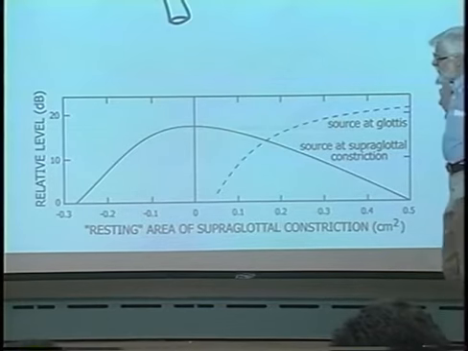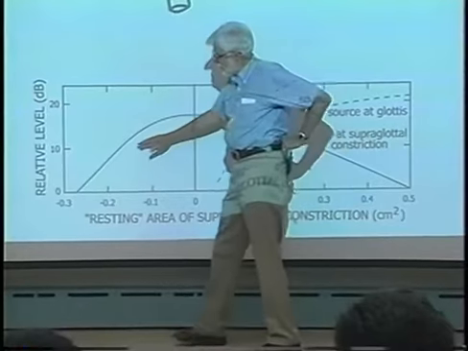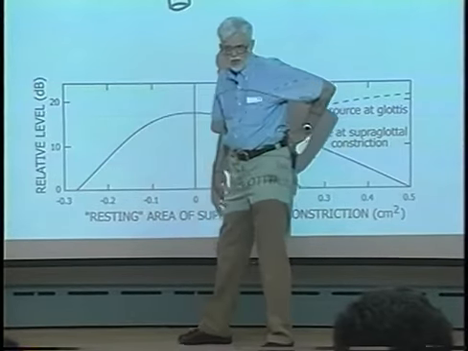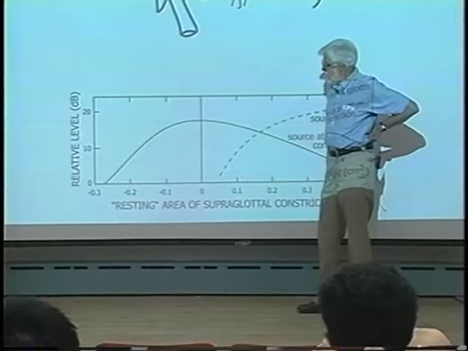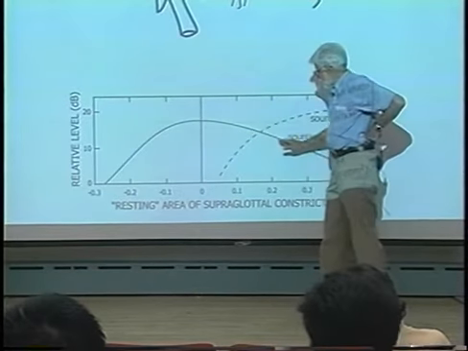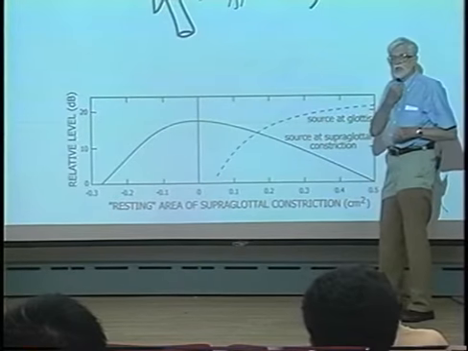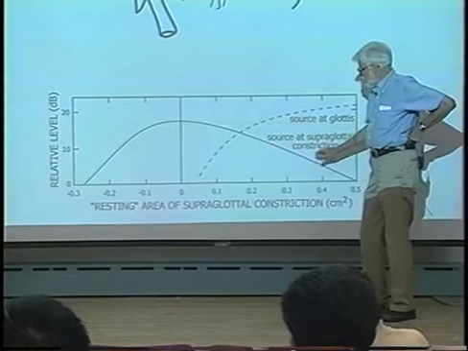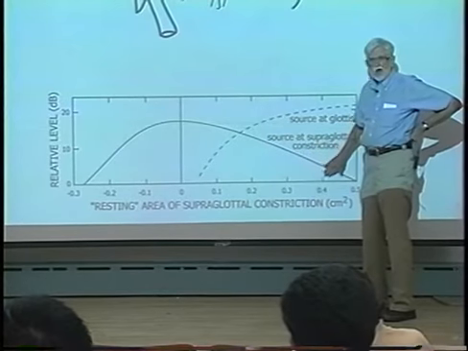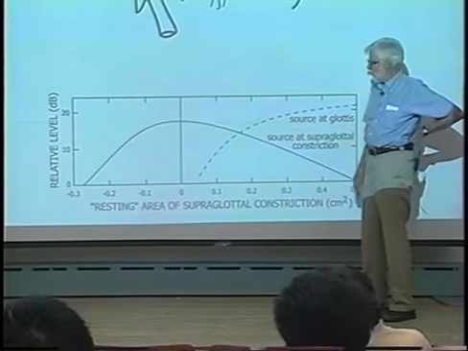Anyway, if you make this area small enough, you'll get no noise, because you cut it off completely. And if you make the area large enough, and given that you have a certain size of constriction at the glottis, again it will not generate any noise. All the noise will be generated down at the vocal folds, at the glottis.